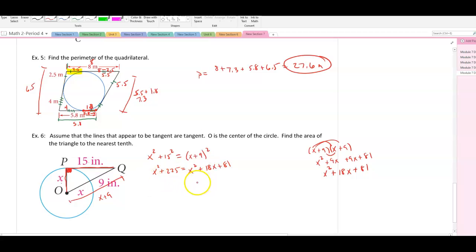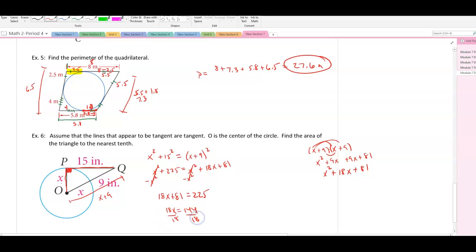So now what's nice about this is right away, when I go to set this equal to 0, the x squareds actually eliminate. So I'm really solving an easy equation at the end. Okay, so if I have 18x plus 81 equals 225, 225 minus 81 gives me 144.